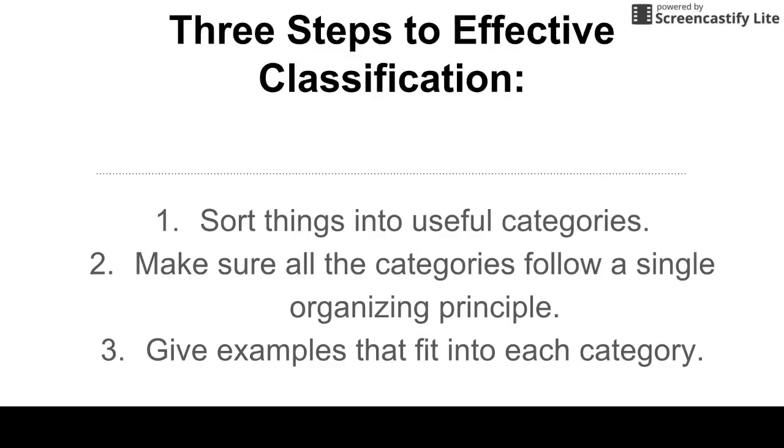Second, make sure all categories follow a single organizing principle, and we will see an example of this in a little while. The third is to give examples that fit into each category.